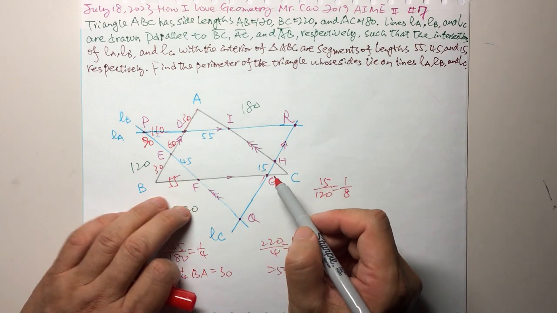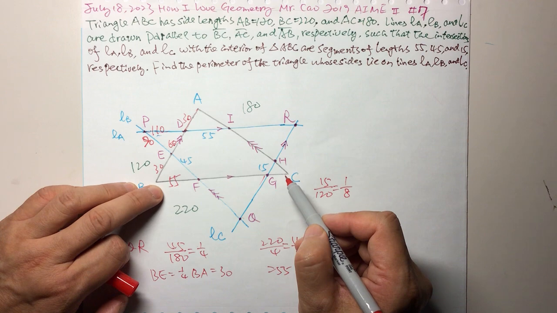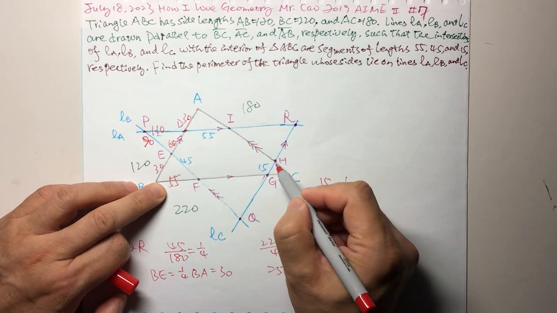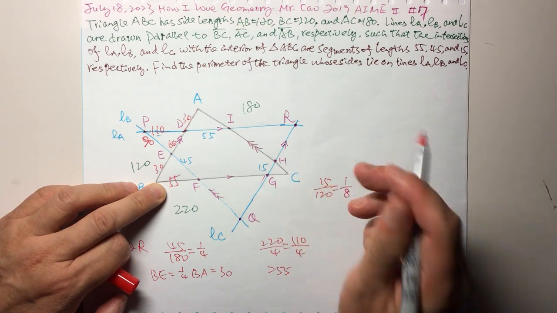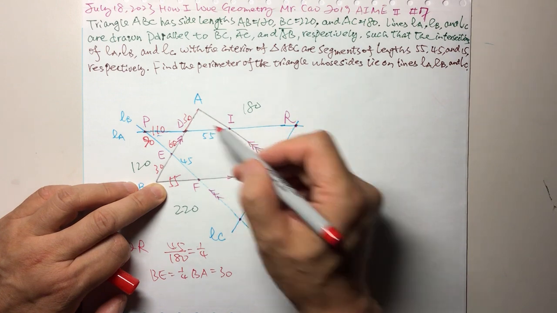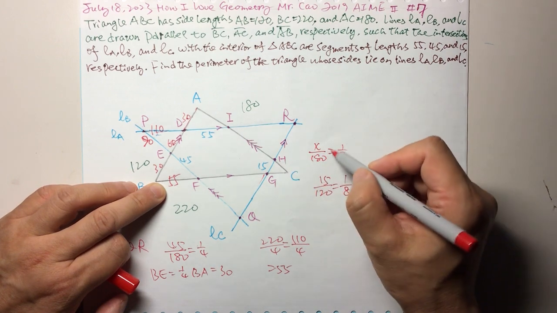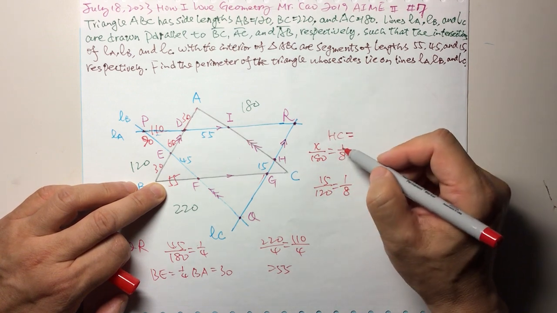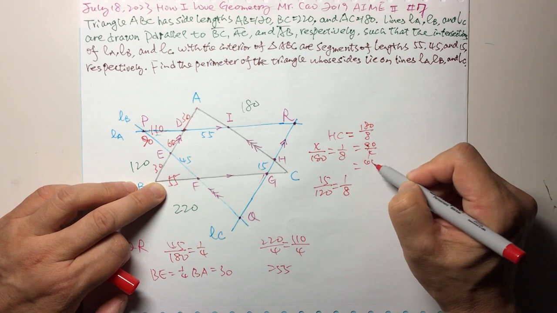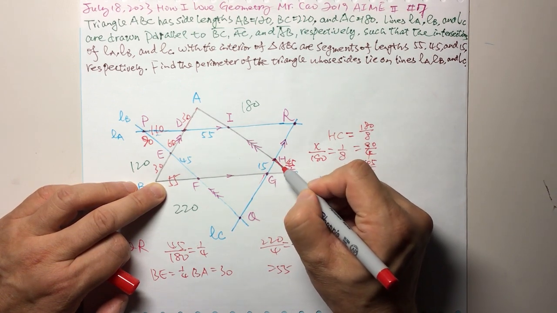So if CH is x over 180, then HC equals 180 over 8, which is 90 over 4, which is 45 over 2. So HC is 45 over 2.